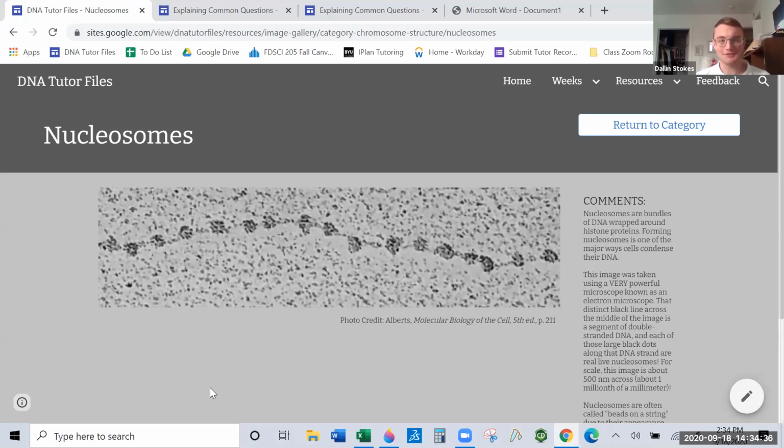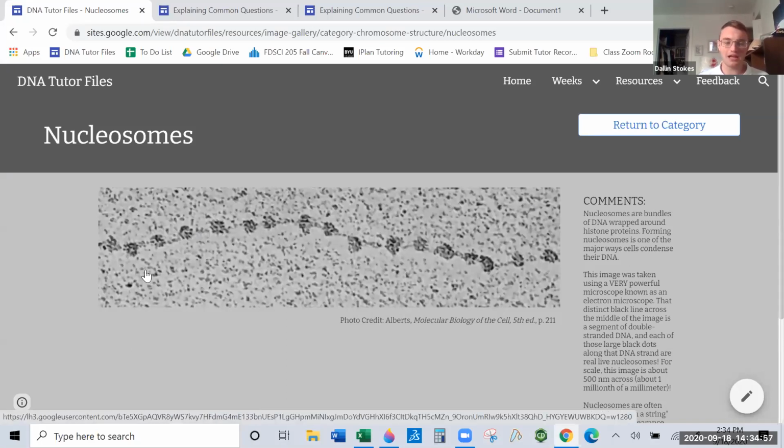So no matter how powerful your light microscope is, you're never going to be able to see DNA in its unwound form. It's just too small. So we have other microscopes called electron microscopes that use different methods other than light to create pictures of things that are even smaller than you can see with a light microscope. Well, this is one of those pictures created with an electron microscope.